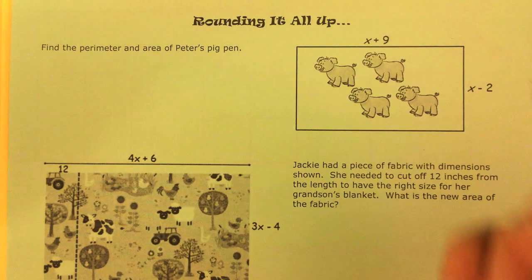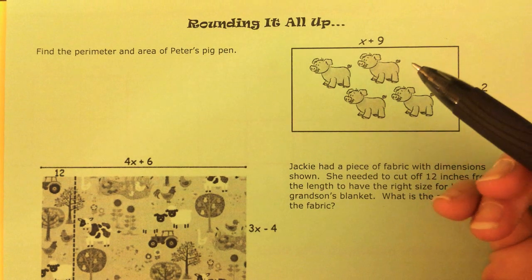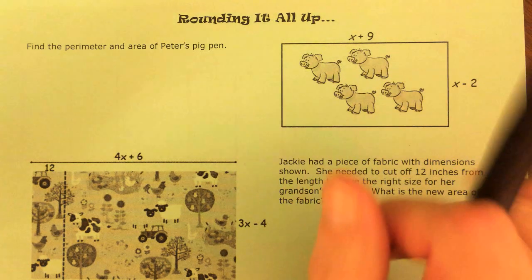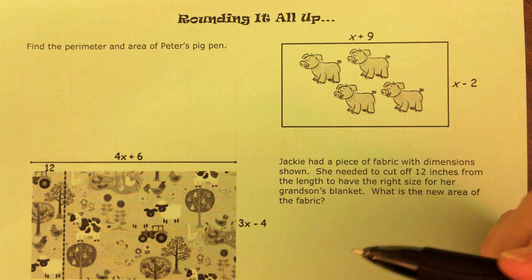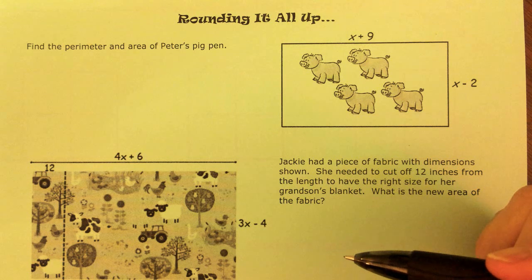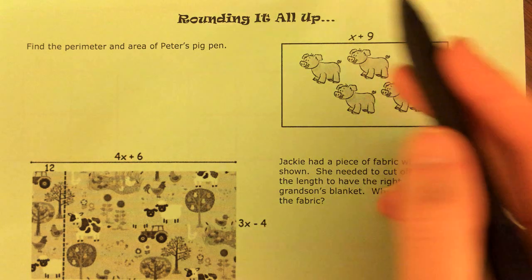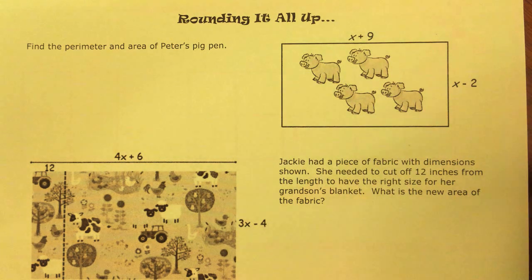Okay, so let's talk a little bit about some word problems. You took a paper home, and if you didn't, make sure you can write these down, and I'll let you get a copy tomorrow. This is what you might see for word problems. This one says, find the perimeter and area of Peter's pig pen. What is the first thing I need to do to this picture?